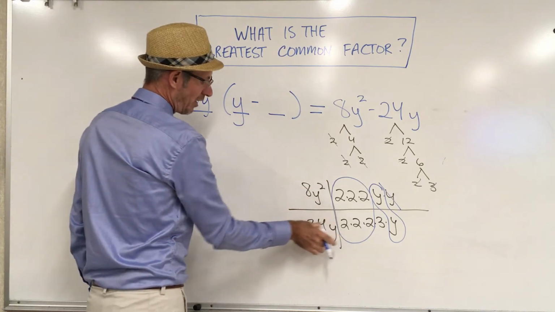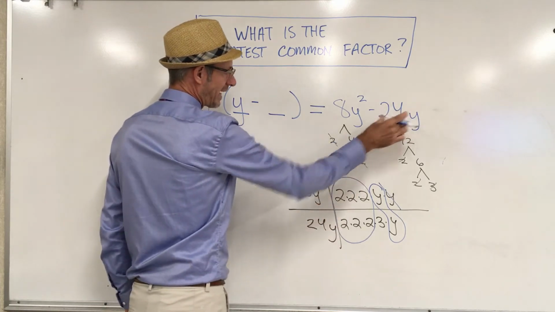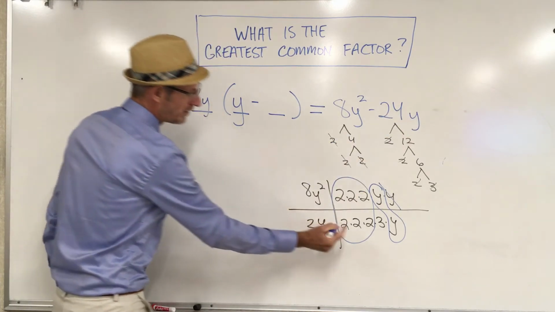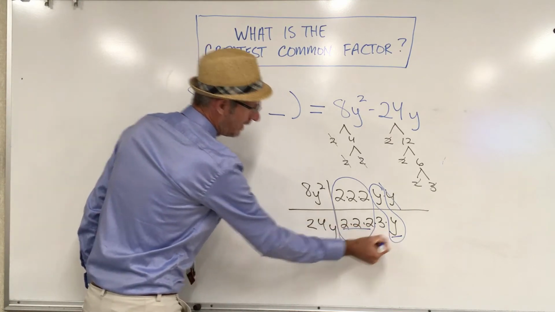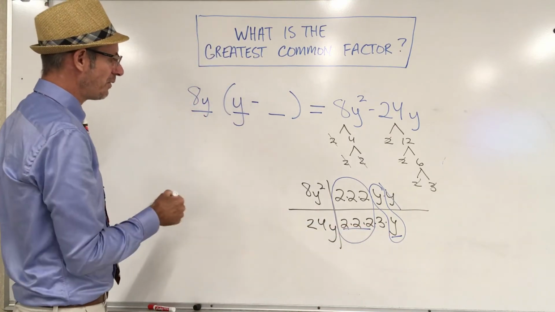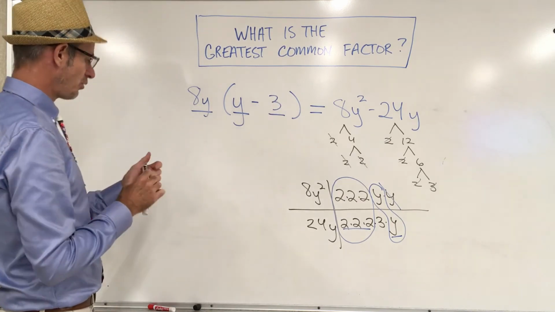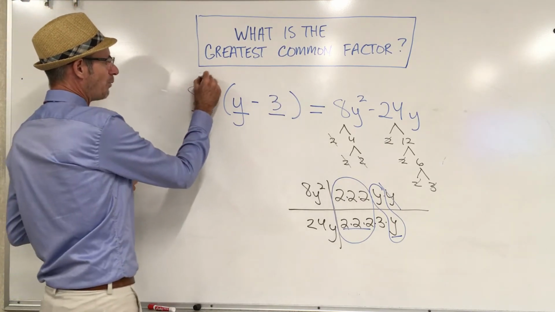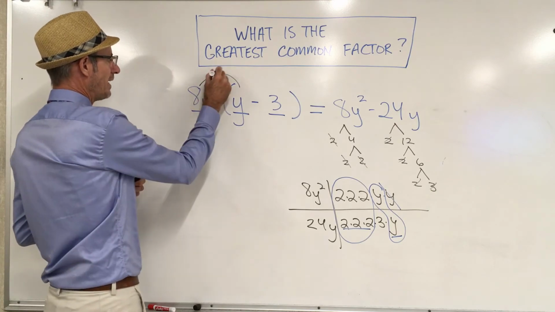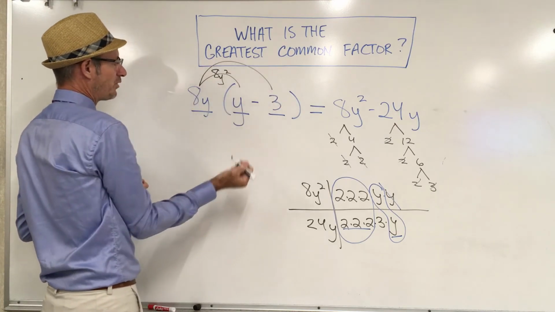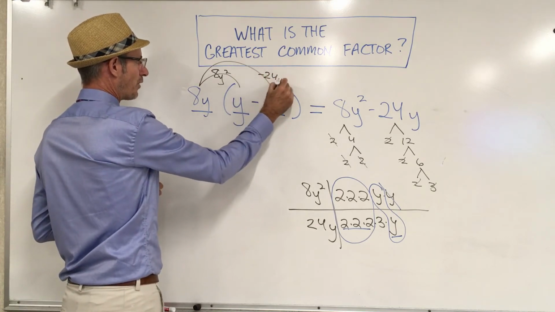Now we're trying to get our 24y. We're trying to get our second term in our binomial. And we already have 8y, which is all of this stuff. The only thing that's left over is the 3. So if we put a 3 here, now when we do the distributive property, 8y times y is 8y squared, and 8y times 3 is negative 24y.